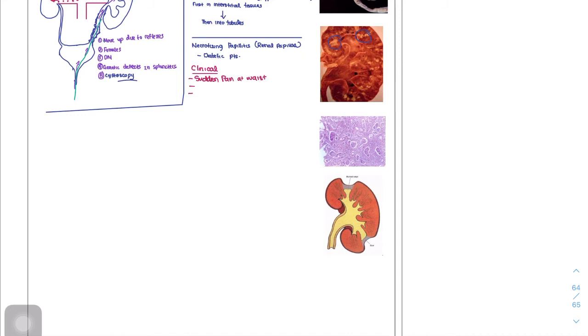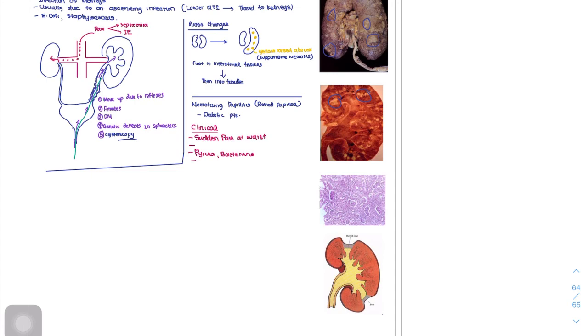Next, we have urinary findings that includes pyuria and bacteriuria. See, I told you, you can add different words in front of uria and that means something in urine.